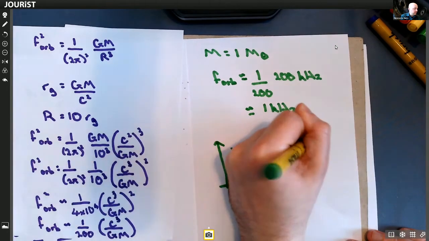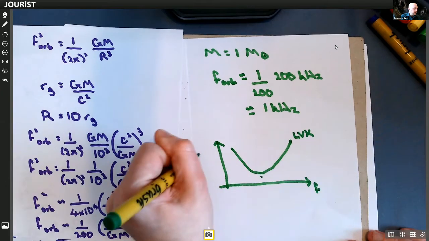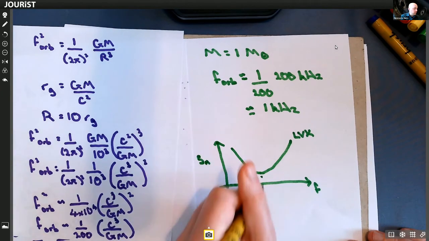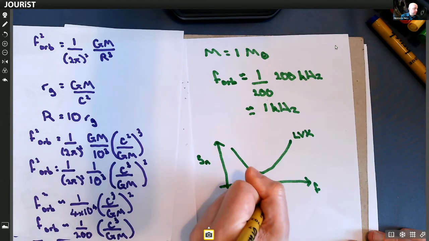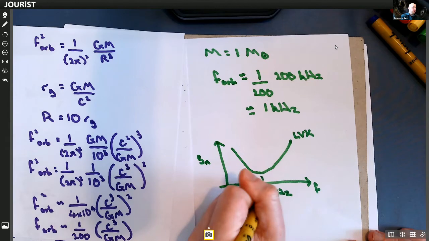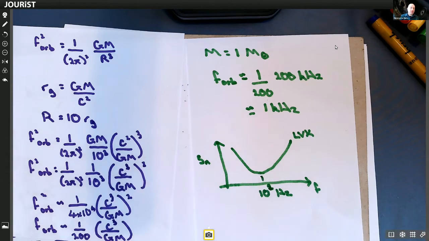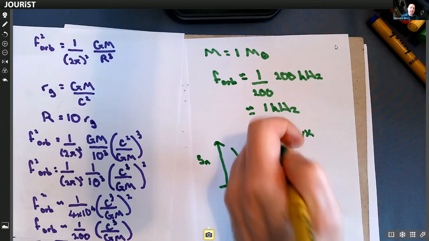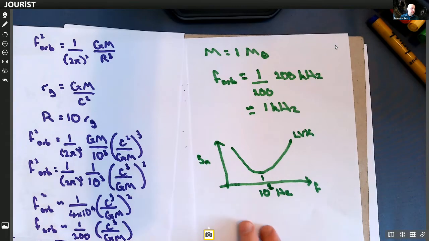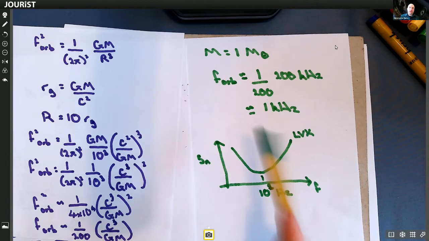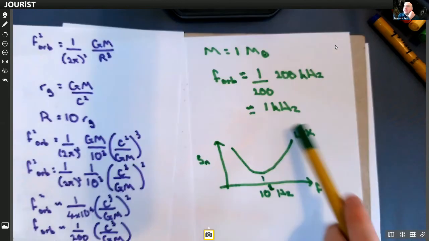This is a function of frequency, our noise curve. This peak here is of order 100 hertz, so a few hundred hertz is the bucket here. Kilohertz is a little bit up here. So the gravitational wave detectors were designed with this type of scale in mind, which is why it works out, but it's also quite nice to mention. Anyway, our orbital frequency is roughly at a kilohertz. Oops, sorry, just for clarification.